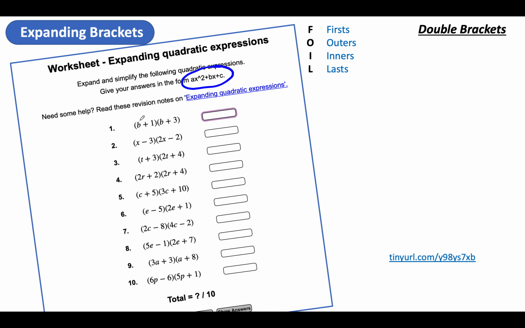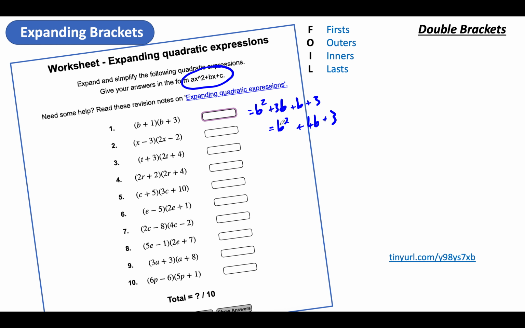Now, if I was multiplying out this first one, and they've used different letters, not just x, but it's the same thing, I would get b squared plus 3b plus 1b plus 3 times 1 is 3, which would be b squared plus 4b plus 3. Now, if you look here, to put in the squared thing, you need this little up arrow. If there's a number next to the x, you need to put it.